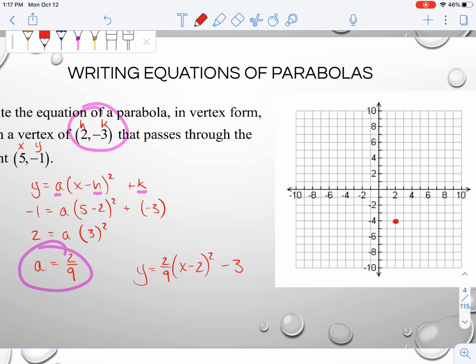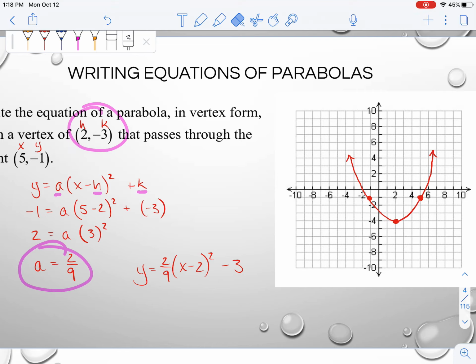So what I had was a vertex at (2, -3) that passed through the point (5, -1). And I also know from symmetry that this graph also has to pass through the point (-1, -1). So I've got a graph that's going to look something like this.